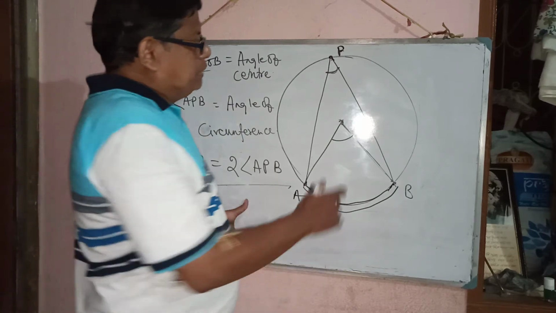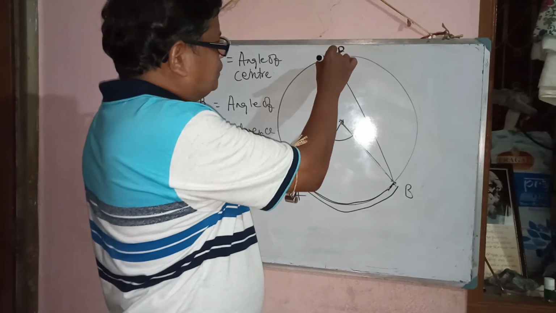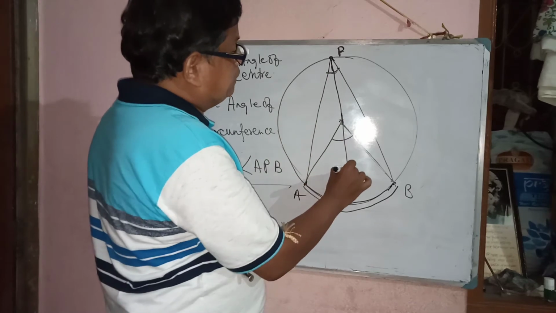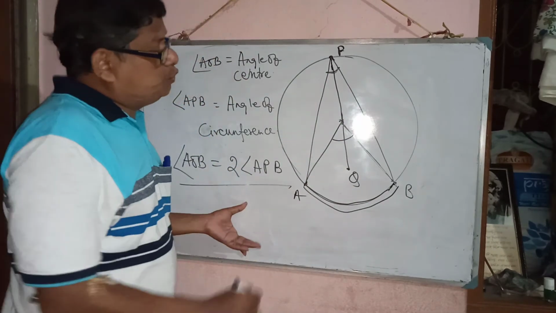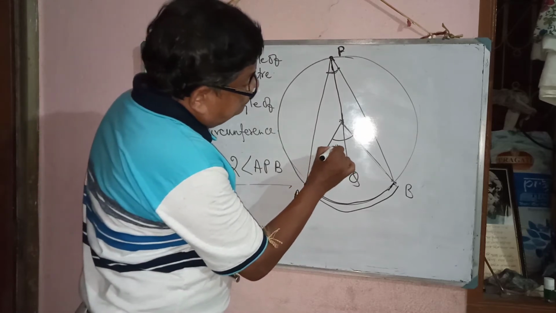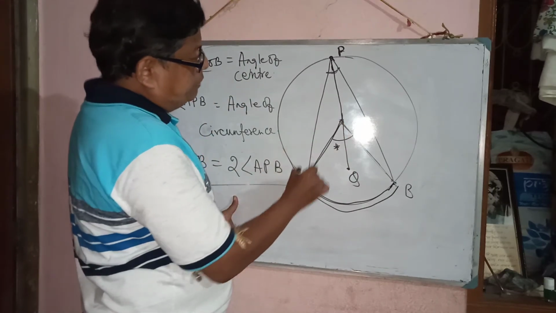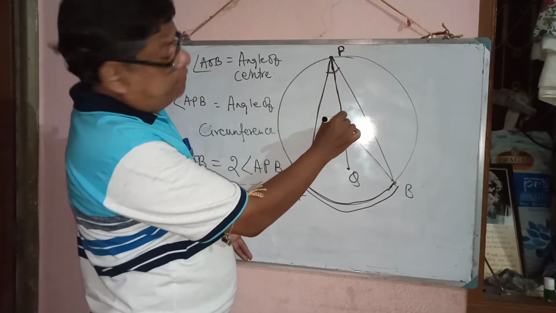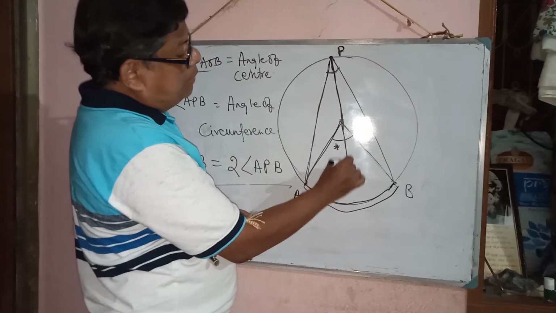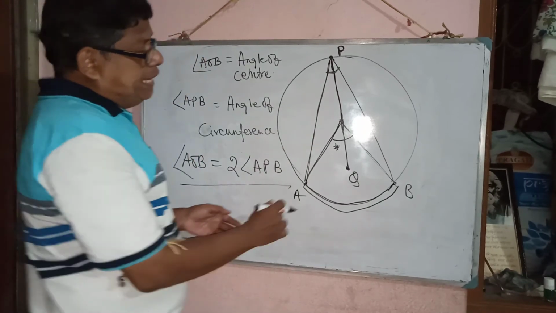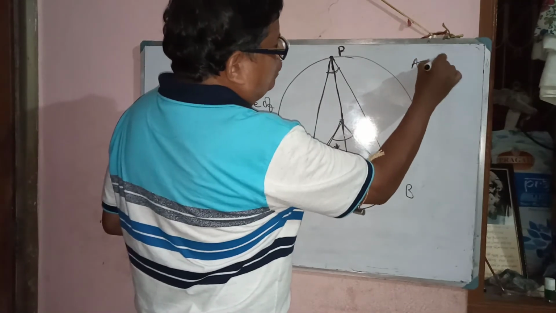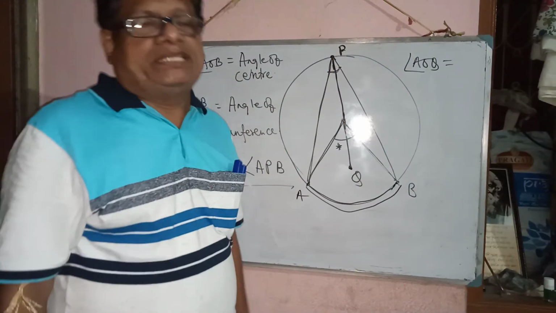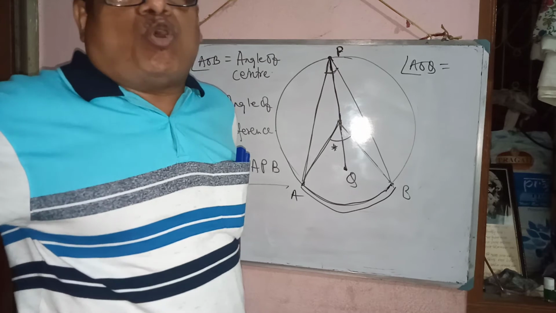You have to join PO and extend it, suppose to Q. If we consider this triangle APO, extended up to Q, then AOQ, the exterior angle, we can write equal to the sum of the two opposite interior angles.